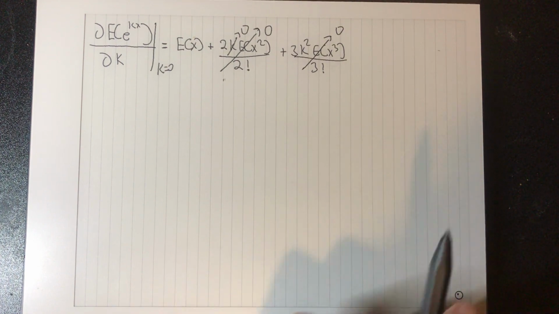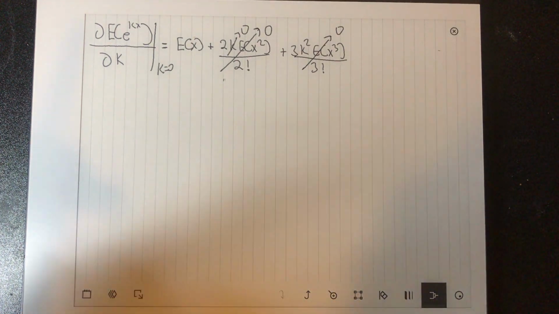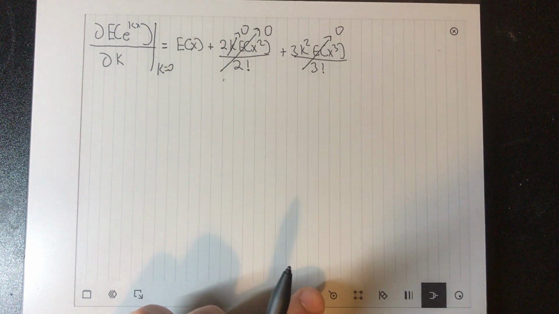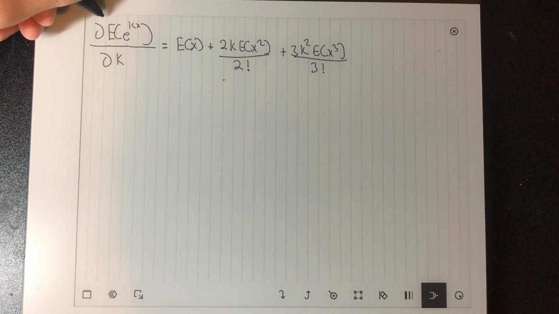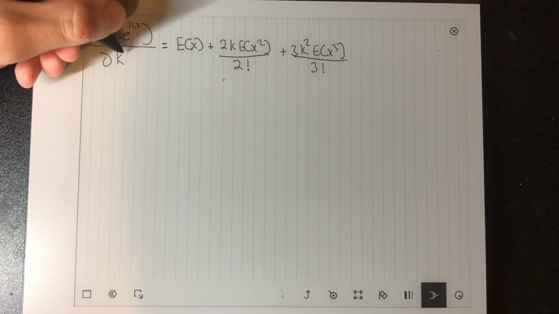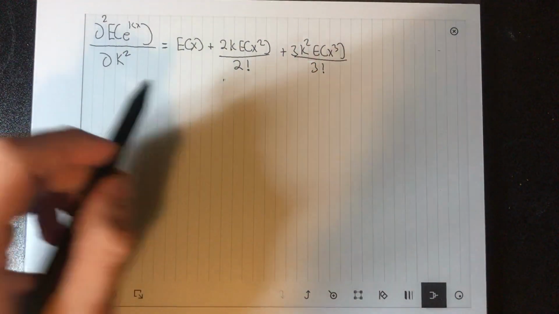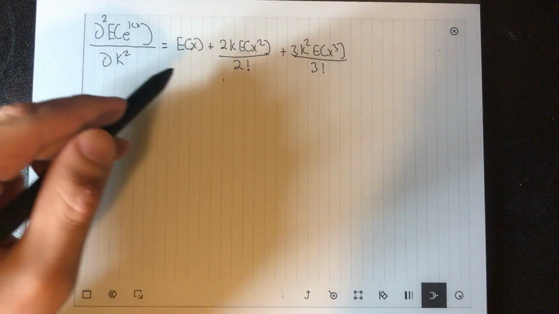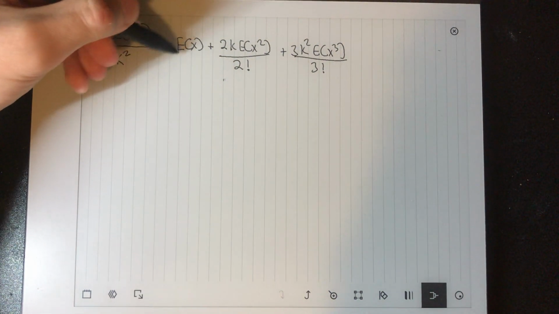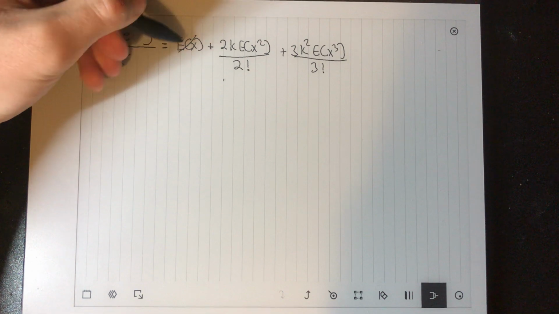Okay, let's attempt that again, but we will now take the second derivative. So let me just back up over here. Recall we already took the first derivative. So now, taking the second derivative of this, this will disappear.